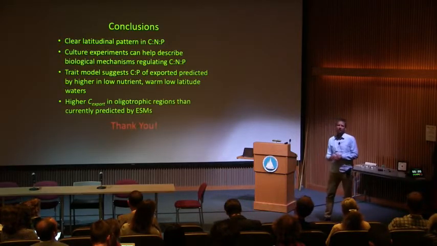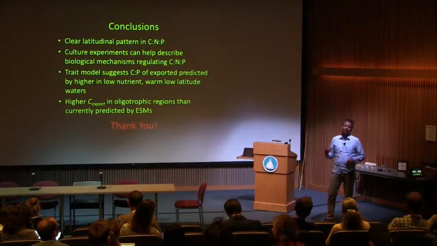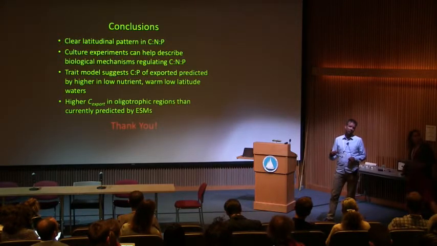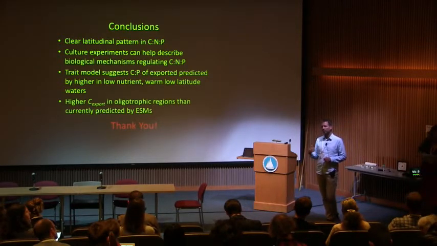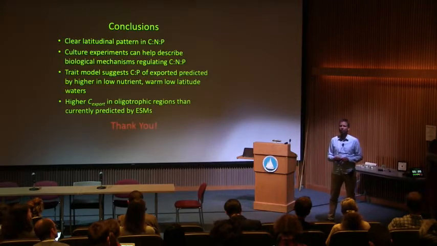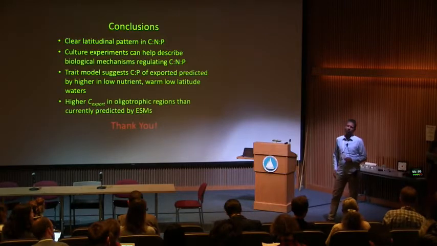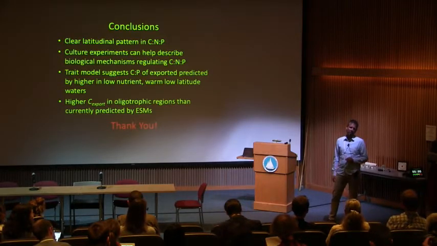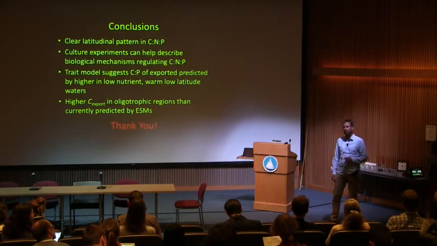And what we see is that the patterns in the suspended material and the predicted elemental ratios of the exported material through these inverse model analyses are extremely closely related. That we also see quite low predicted C to P, for example, from the Southern Ocean using the inverse models. So very similar to what we would expect both from the POM and the trait-based models.